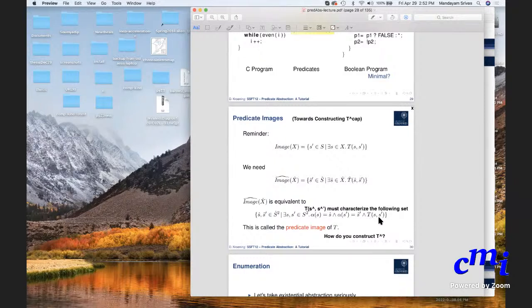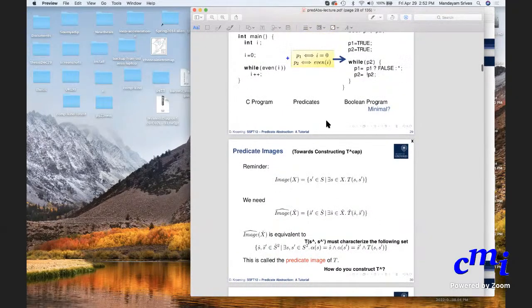This is exactly the constraint that is imposed: you have to construct your abstract transition relation such that this condition is satisfied. And that's what I'm trying to do here.